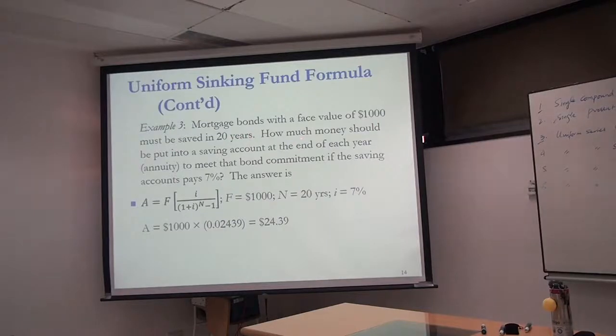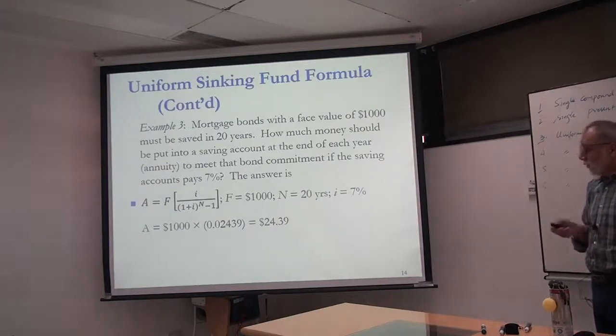How much money should be put into a savings account at the end of each year, annuity, to meet that bond commitment if the savings account pays 7%? You just use the formula and you find A is equal to $24.39. So you put $24.39 for 20 years and eventually you will have the $1,000 which you want to save.